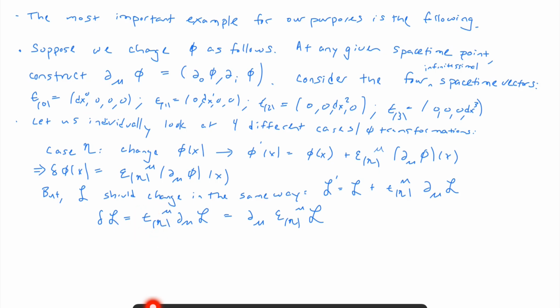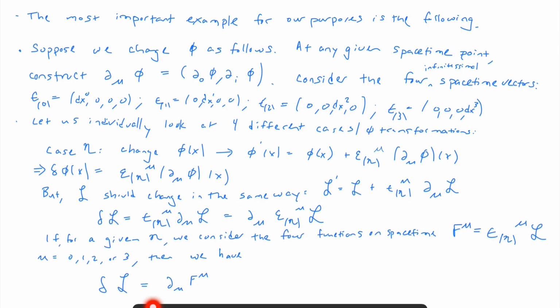You are changing by a fixed amount, epsilon mu. So dx0 is the same number at any given point in space. Dx1 is the same number at any point in space. Dx2 is the same number at any point in space. Dx3 is the same infinitesimal number at any given point in space. So you can just put this constant inside of here and get this expression over here.